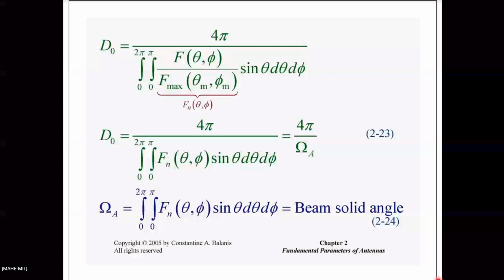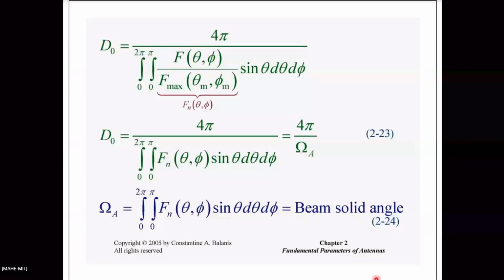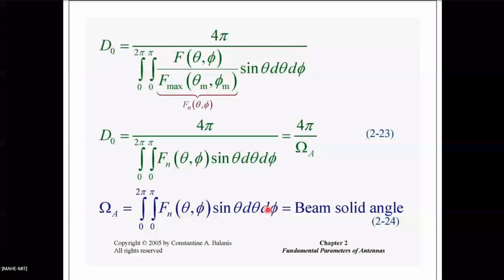It is defined as the solid angle through which all the power of the antenna would flow if its radiation intensity is constant and equal to the maximum value for all angles within omega A. Is it understood?